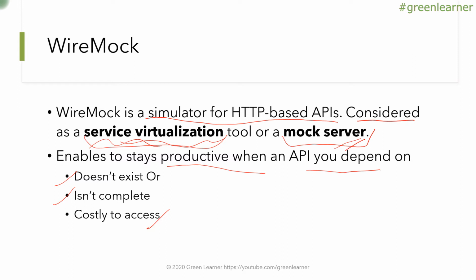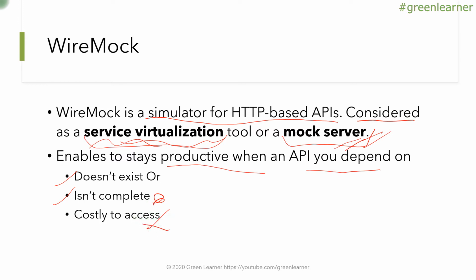At the time of development, you cannot call the other services because they are in development and not available. In those cases you can use the mock server, because the request and response are fixed, the design is fixed, and they are going to be the same way. Those things can be configured in WireMock and used at the time of development as well, right?